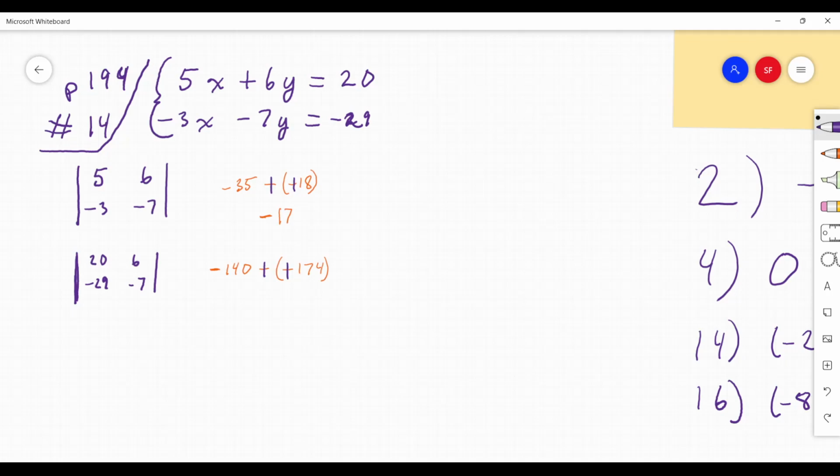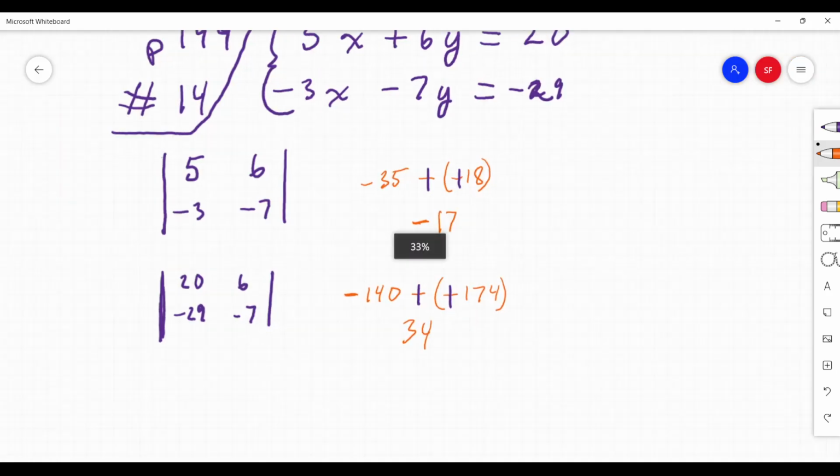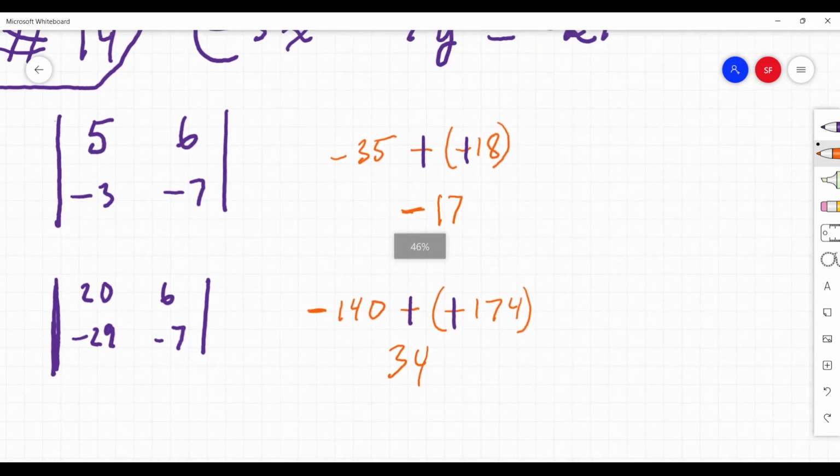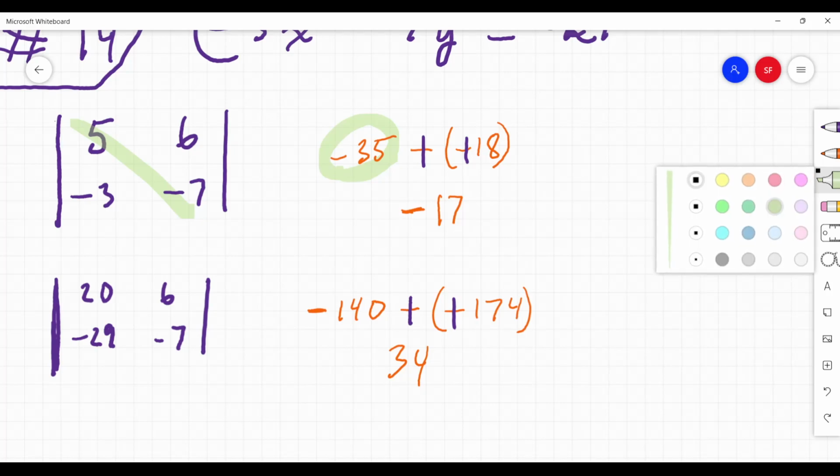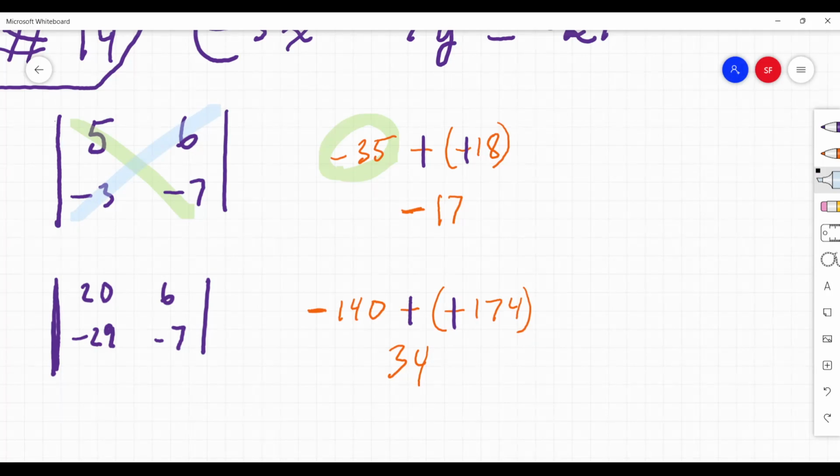Let me punch this in the calculator before I forget what I'm doing, and then I'll answer your question. So remember to do the determinant. You multiply, and then you subtract what you multiplied.